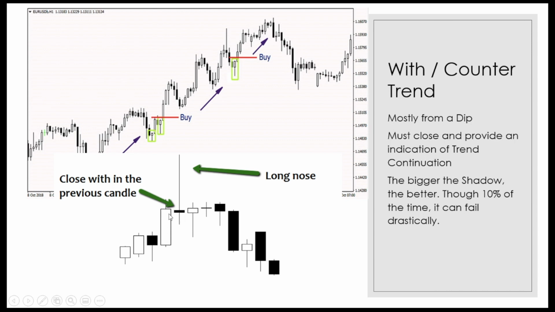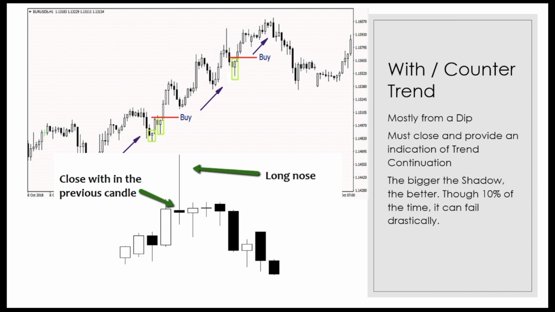Like, if it is a bullish candle, we see a bearish pin bar with a bearish body inside the previous bullish body of the candle. It must close and provide an indication. The bigger the shadow the better, and for counter trend, the bigger the shadow, nose or wick, the better.